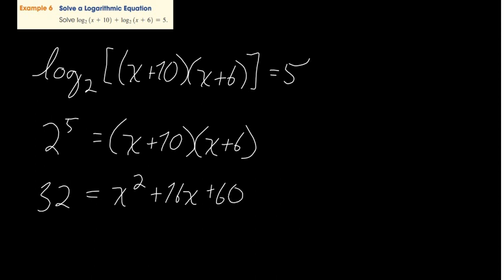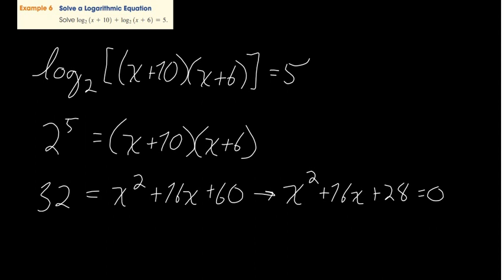And then we can subtract 32 from both sides. Let's put the 0 on the right. Again, it's a thing I prefer, and I'm sure many of you prefer it as well. So we're going to subtract 32 from both sides to get 28. So we're going to have x squared plus 16x plus 28 equal to 0.